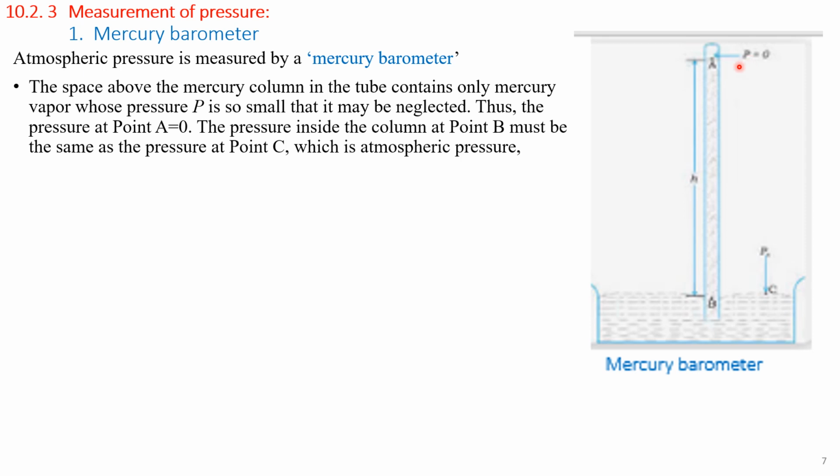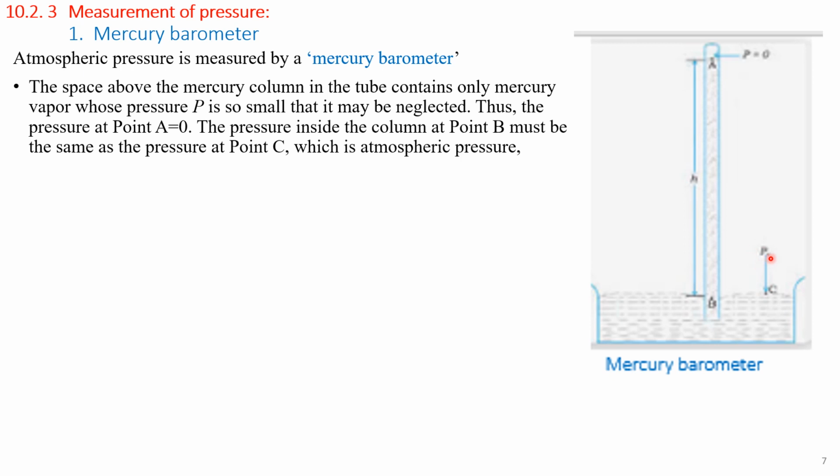The pressure inside the column at point B must be the same as the pressure at point C, outside the tube in the trough, which is the atmospheric pressure.